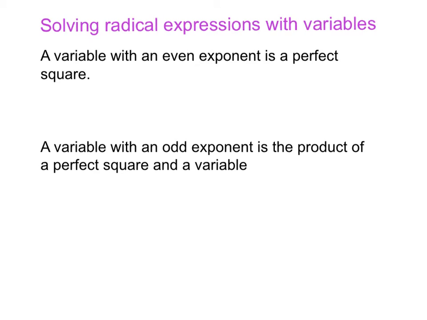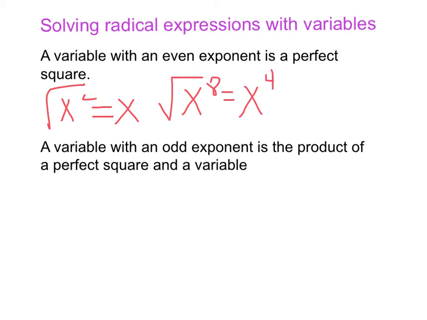Now we have to solve radical expressions with variables. So we have to remember our exponent rules. A variable with an even exponent is a perfect square. For example, the square root of x squared is x. The square root of x to the 8th is x to the 4th. The square root of x to the 10th is x to the 5th, and so on.